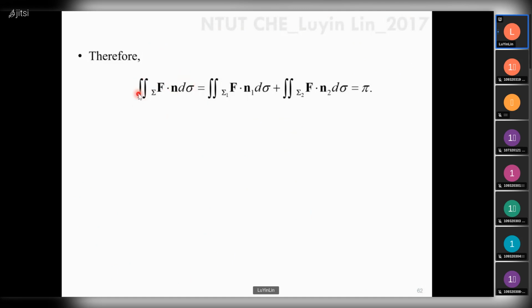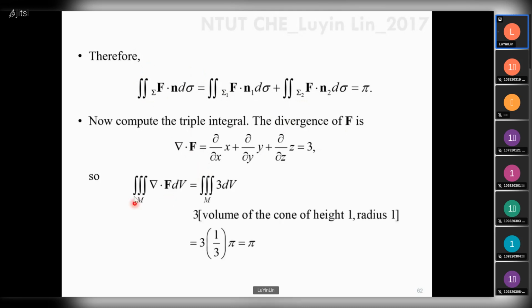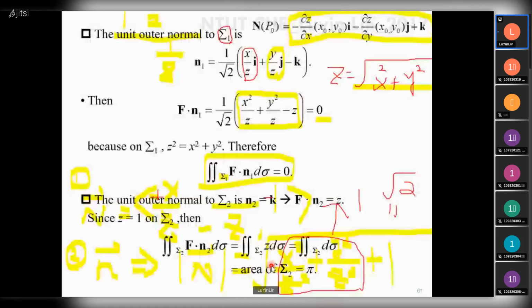This is the left-hand side of the divergence theory. Sigma 1 plus sigma 2. Then the right-hand side, you do the del f, and you do the integral. You will get this one. Okay. So you will find the left-hand side is equal to the right-hand side. I will tell you later. Okay. So you can have this today till here.